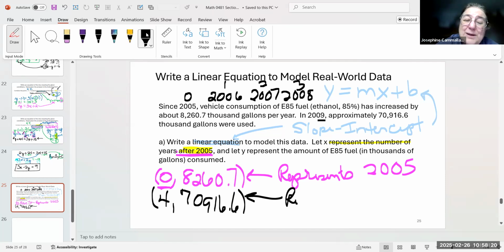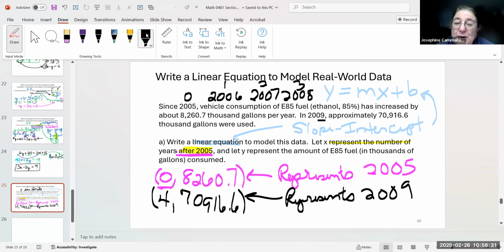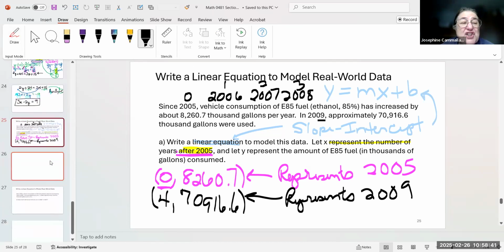This represents 2009. Now, we still haven't written the equation because we don't have a slope.